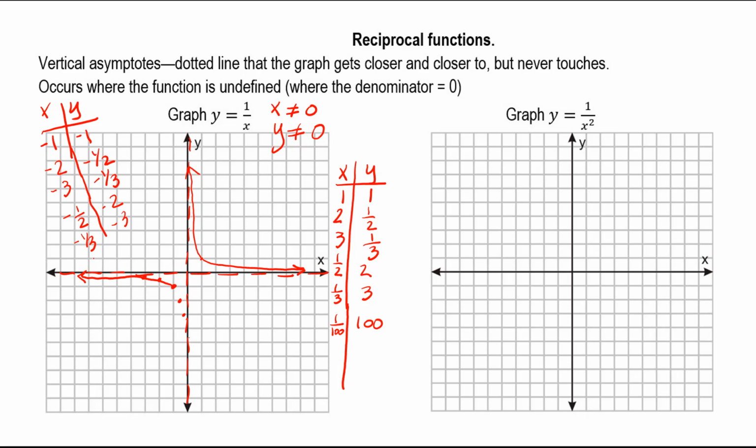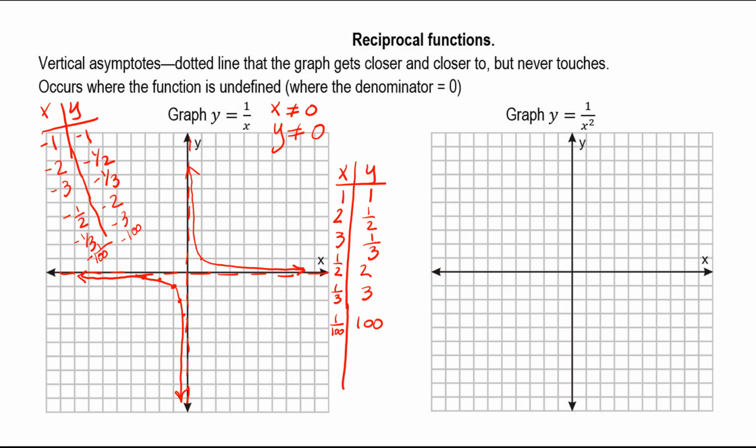And when you have negative 1 over 100 for x, you get negative 100 for y. So it's the same kind of thing. The closer you get to 0, the further and further down you shoot into bigger negative numbers in absolute value. So this is what the reciprocal function 1 over x looks like.